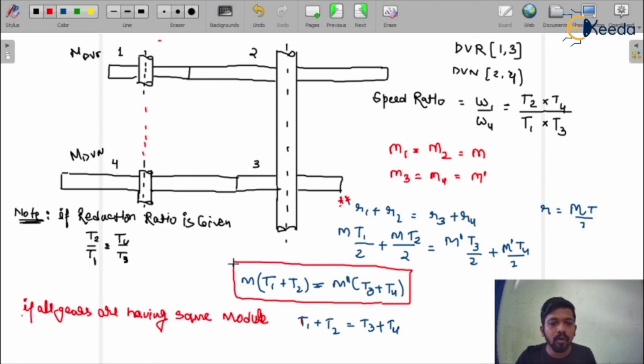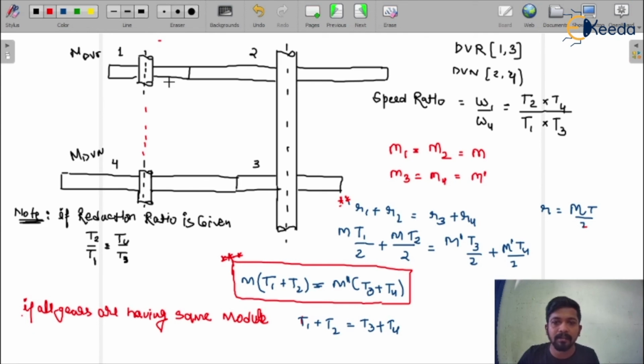As you understand this, you just have to convert R into mT by 2, nothing else. You can learn the result directly, but you must understand how we get these equations. So this is the basic formula of the reverted gear train.